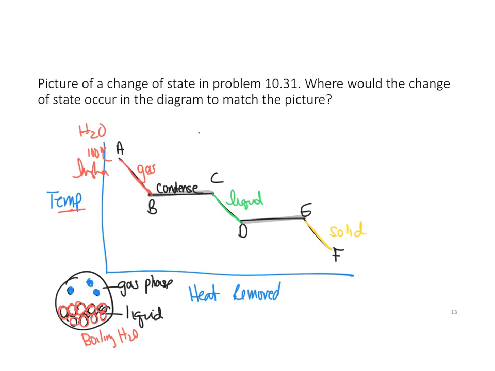When you go from a liquid to a solid, you go this way, you're melting, and this way, what would you be doing? So here you'd be boiling. So this would be condensing from a gas to a liquid, and from a liquid to a solid. I'm lost for words right here, so I'm going to go and look.